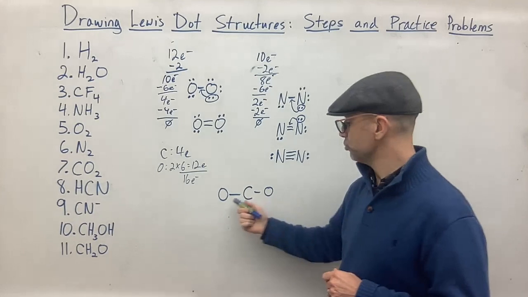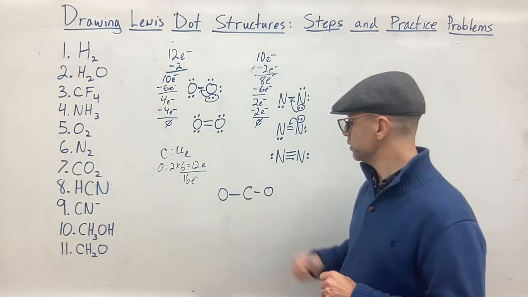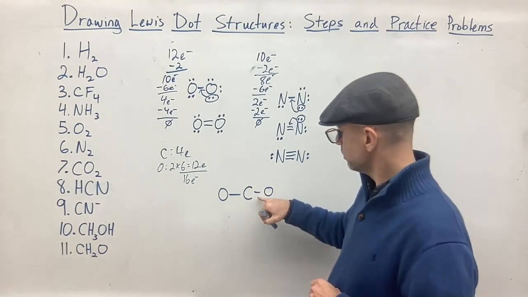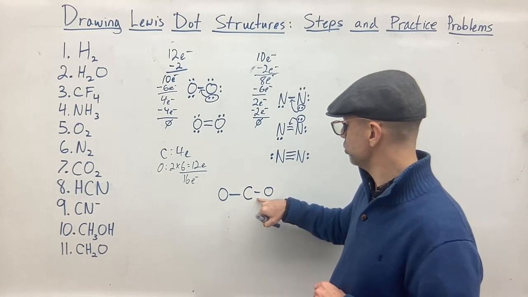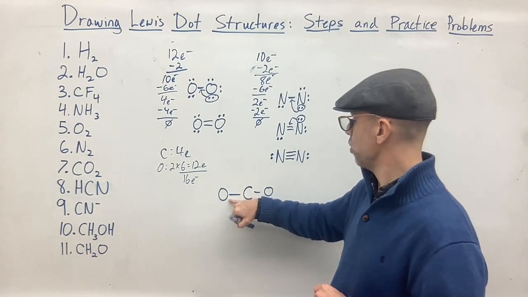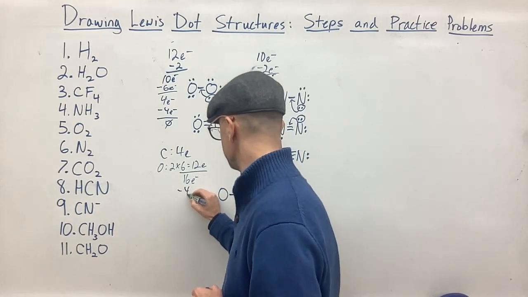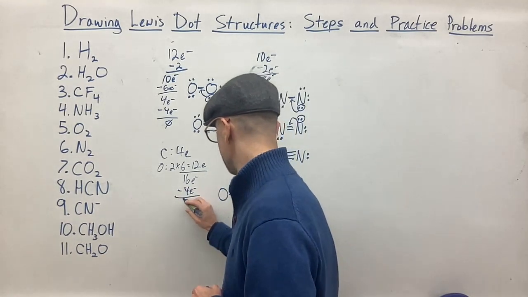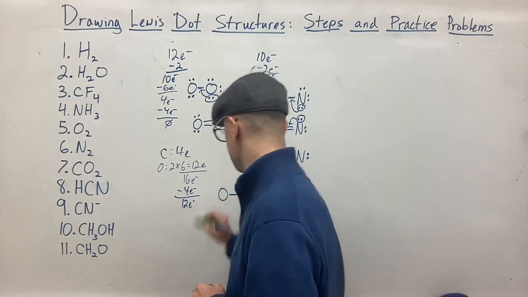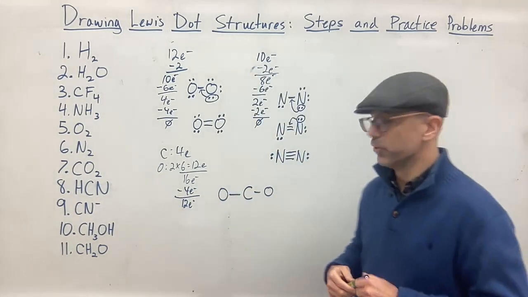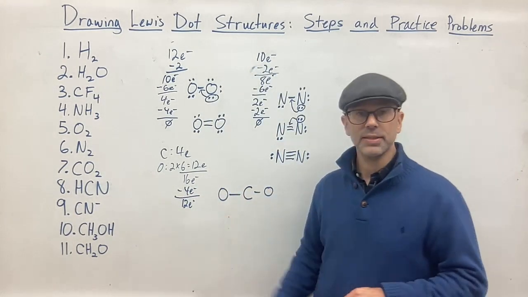That's my skeletal structure. So I'm bonding everything once. I used 2 bonds, 2 electrons for each bond, so that's 4 electrons that I used. I'm going to subtract that out from my total, which leaves 12 electrons left. Okay, so that's step 2.